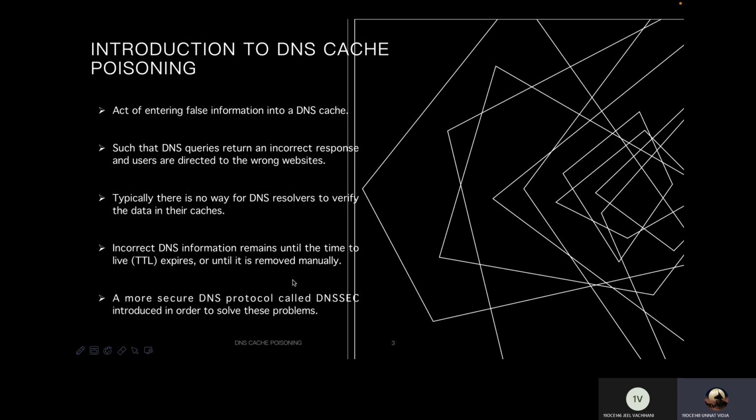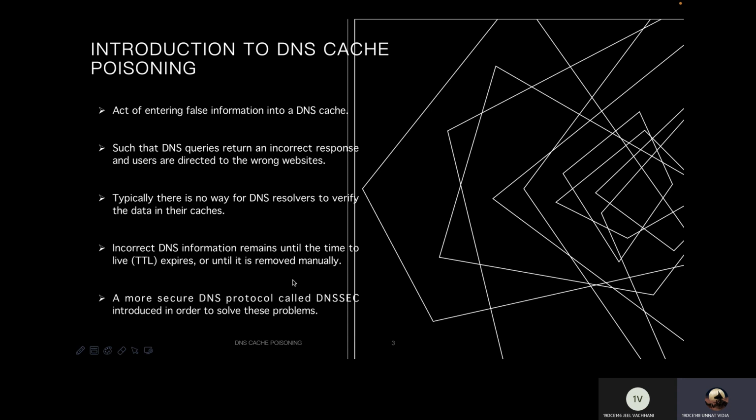Like if any user is sending a request to any server, then the server won't respond with the original website, but will respond with another dummy or fake website. So basically this action is called DNS cache poisoning.